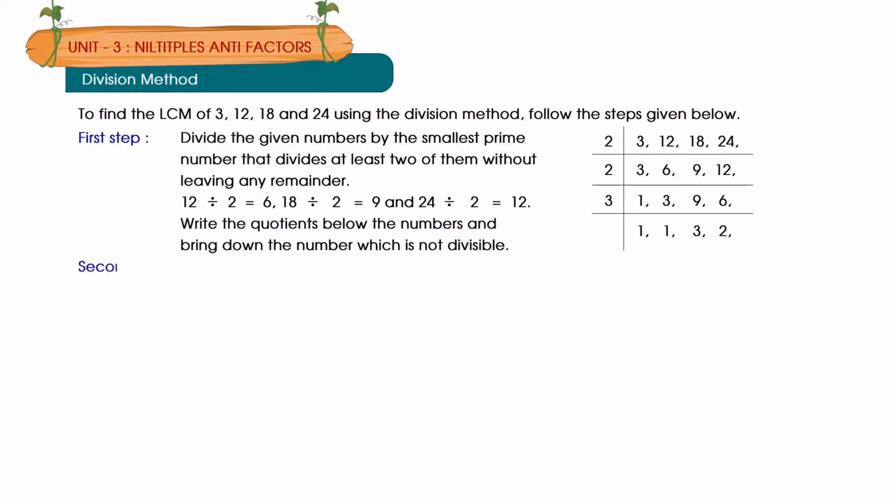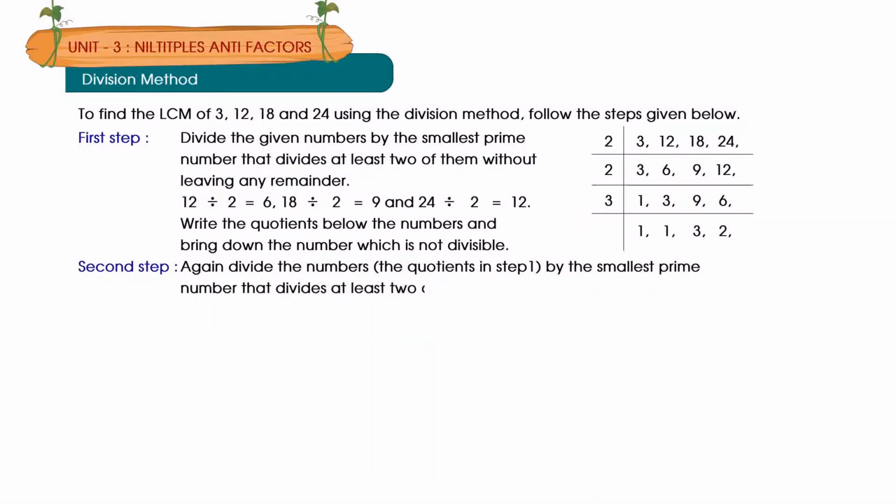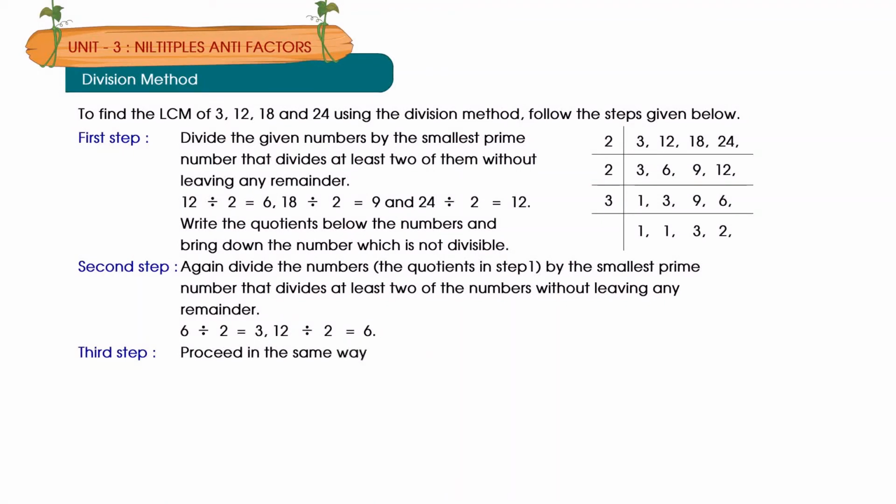Second step. Again divide the quotients in step 1 by the smallest prime number that divides at least two of the numbers without leaving any remainder. 6 divided by 2 is equal to 3 and 12 divided by 2 is equal to 6. Third step. Proceed in the same way till there are only prime numbers or 1 in the last row.